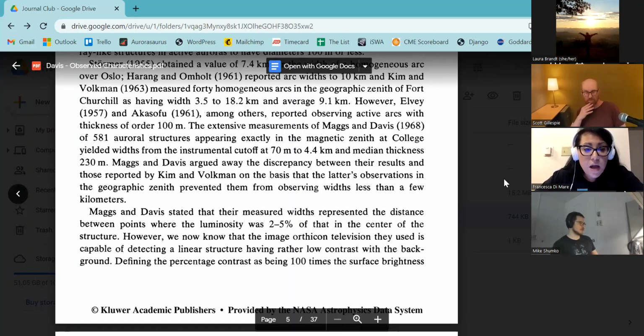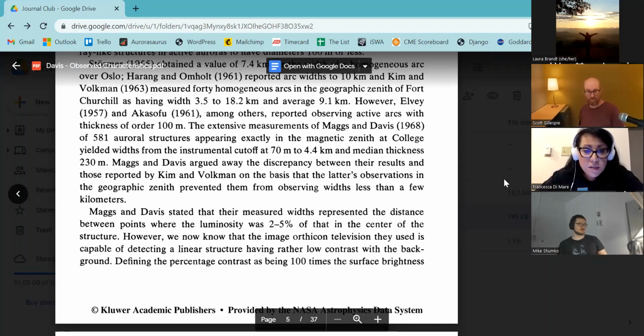Maggs and Davis argue away the discrepancy between their result and those reported by Kim and Wolkman on the basis that the latter's observation in the geographic zenith prevented them from observing widths less than a few kilometers.